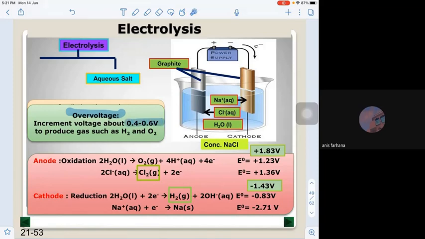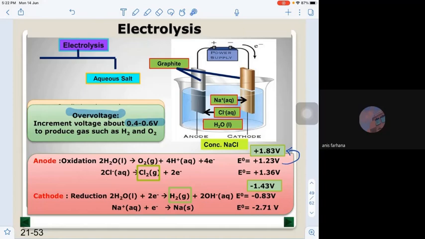Instead of positive 1.23, with an increment of 0.4 to 0.6, let's take the maximum 0.6, it will go up to positive 1.83 volt.